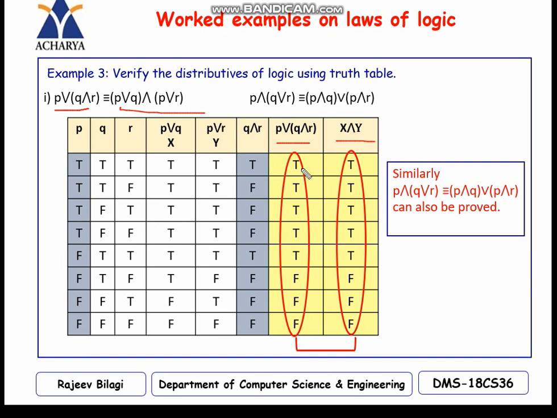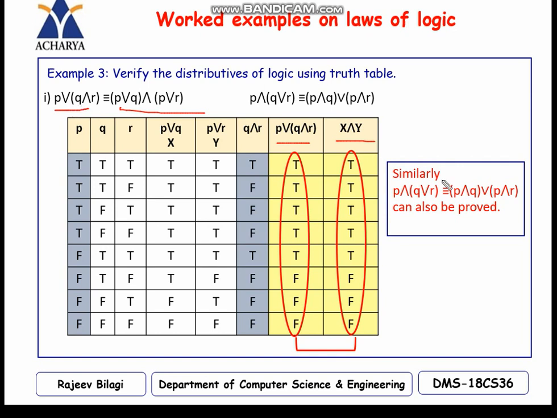So that is T, T is again T, T, T is again T, again F and F is also T, F, F is also T, F, F is also T. So all the values you are going to get as T only in the last column after performing the biconditional operator. So it is called logical equivalence, and we have verified the distributive law using truth tables.